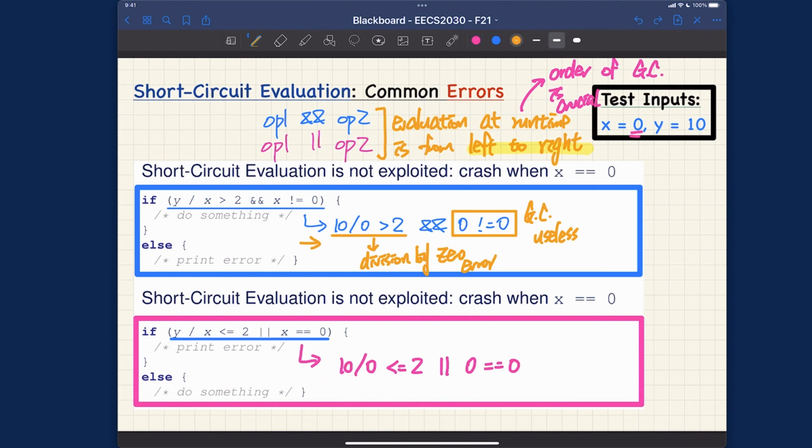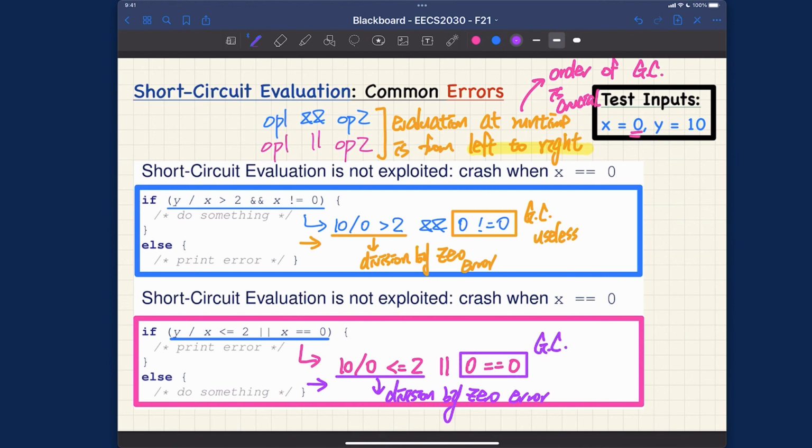If we evaluate from left to right, we evaluate this one first, and that one also is going to give us a division by 0 error before we can even evaluate the guarding constraint. Division by 0 error. And you can see this guarding constraint here is again completely useless.